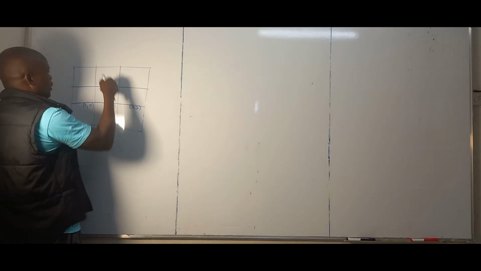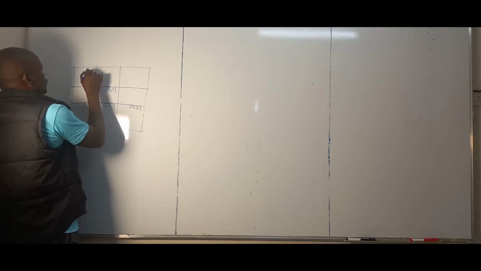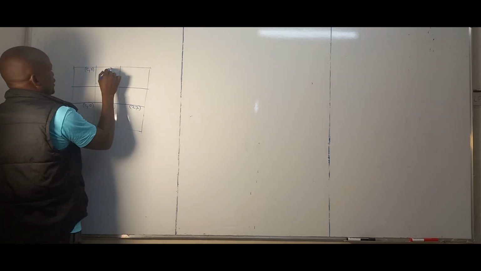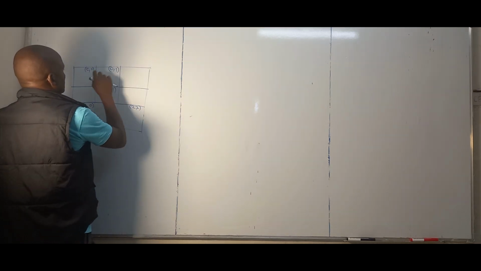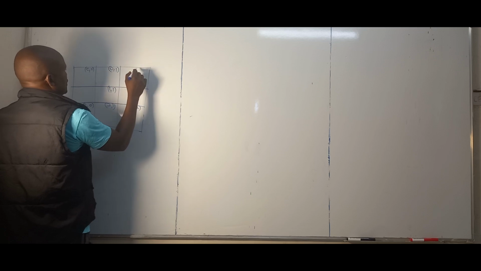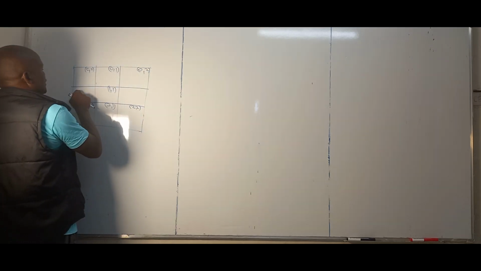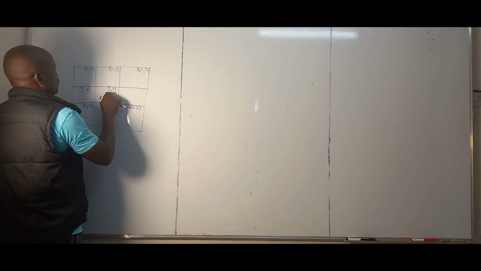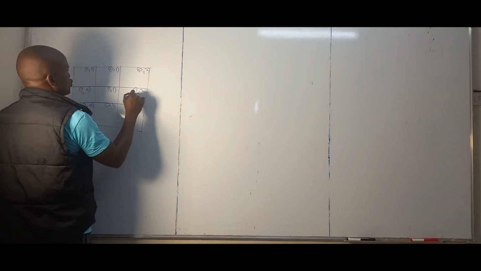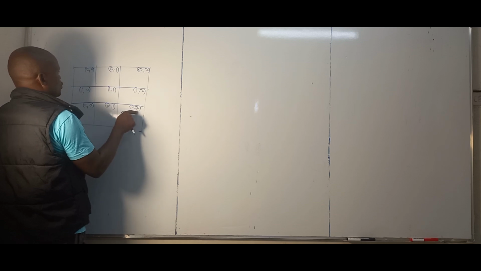It's row 1, column 1. So that means that we would have the origin to be here 0, 0. Then here to be 0, 1. Here 0, 0, 0, 1, 0, 2. Then this will be 1, 0, 1, 1, 1, 2. And this is 2, 0, 2, 1, 2, 2.